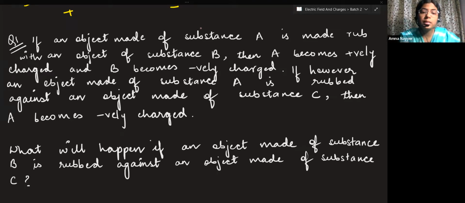Now you have to see, if A is negatively charged and C is positively charged, then in which case electrons are strongly bound and in which case electrons are weakly bound. That will help you to identify, if B and C are rubbed together, which will be positive and which will be negative. So note down the question first, then we'll discuss. Just take 2 minutes, note it down, try it yourself, we'll discuss it.